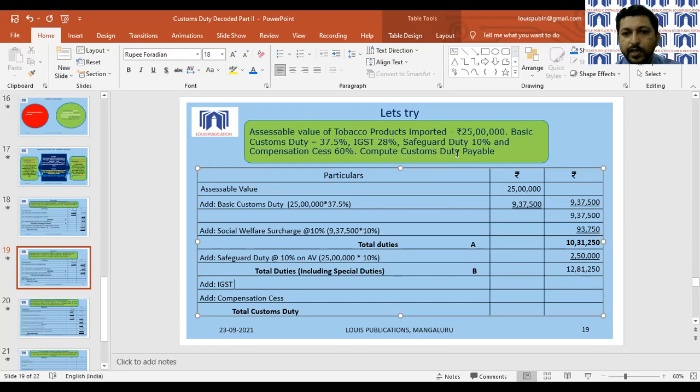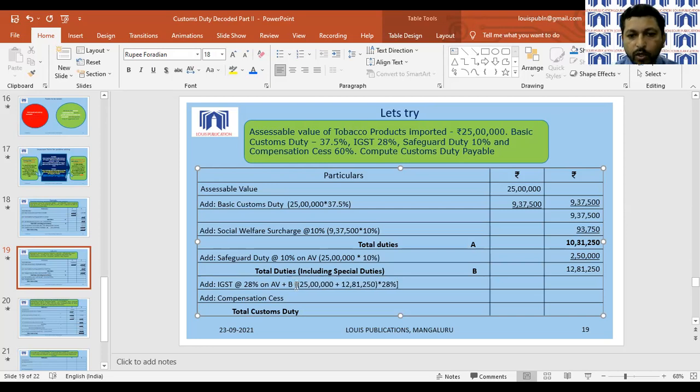Then we have IGST. IGST given is 28%. IGST will be levied at 28% on assessable value plus the value B. So assessable value is 25 lakh plus B value is 12,81,250, closing the bracket, into the IGST rate of 28%.